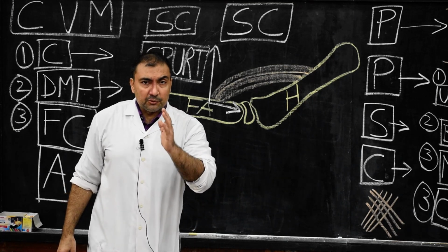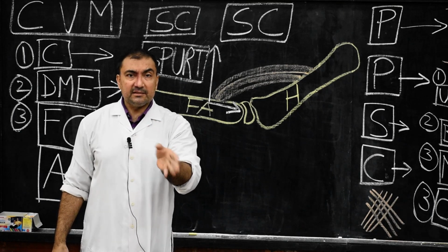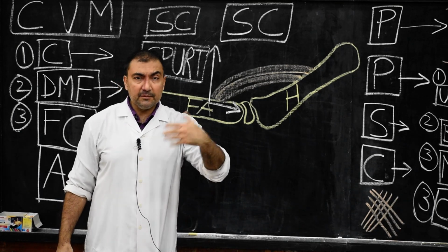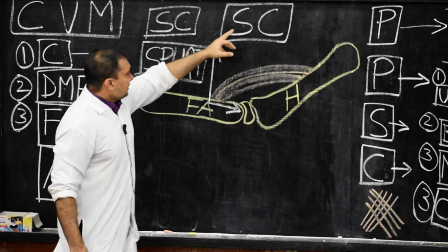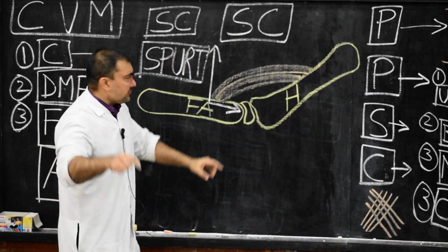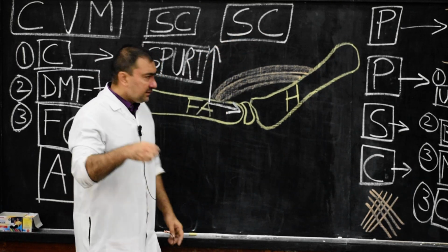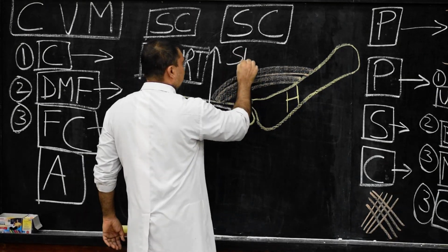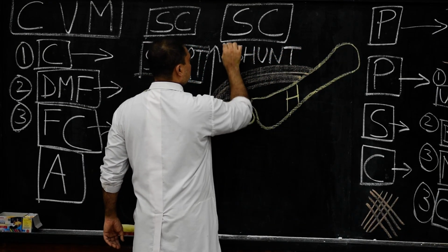Spurt muscles are those muscles which have more of swing component rather than shunt component, and they are able to produce more angular movements. And those muscles which have more of shunt component are known as shunt muscles.